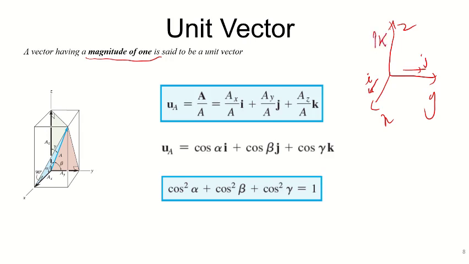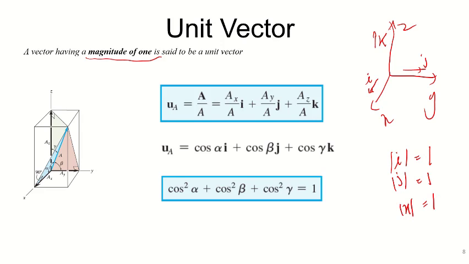So i, j, and k are unit vectors, which means the magnitude of the unit vector i is equal to 1, j is equal to 1, and k is equal to 1, right? So unit vector is a vector which has a magnitude of 1, right?